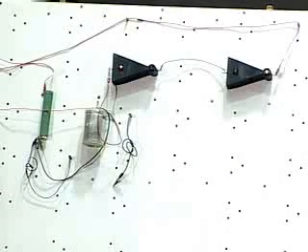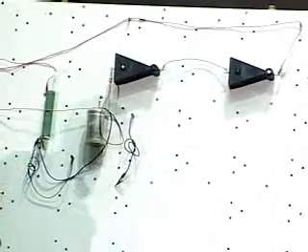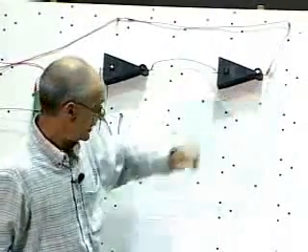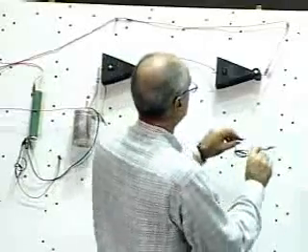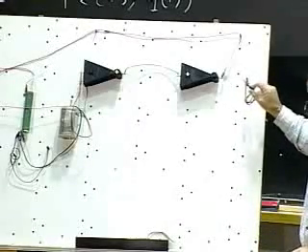Now, there is still one little problem with this kind of configuration, and that is that if I disturb this output, the state may change. So, for example, I disturbed it by coming close to it.